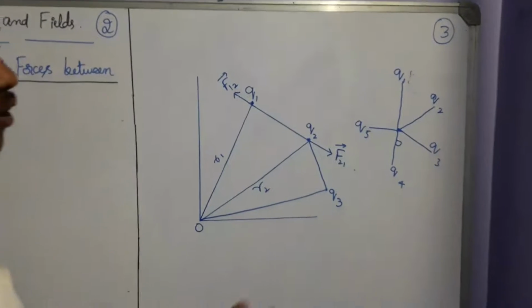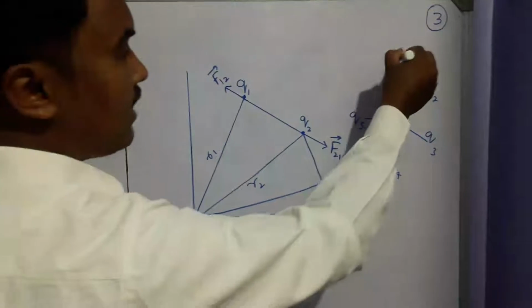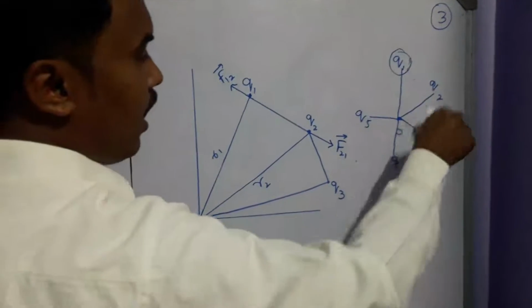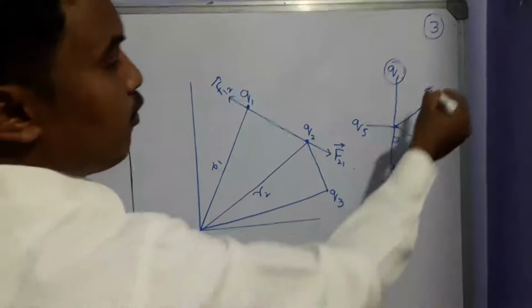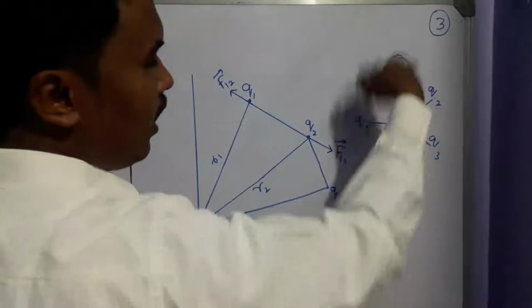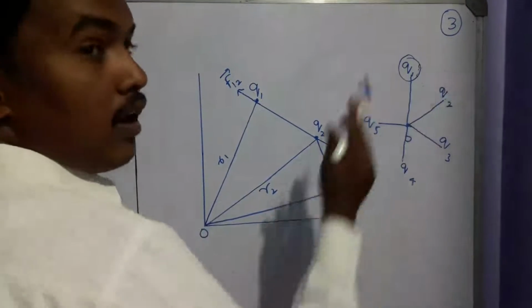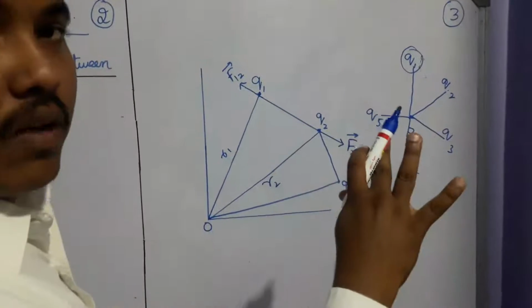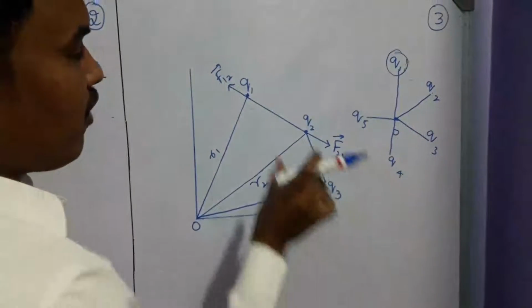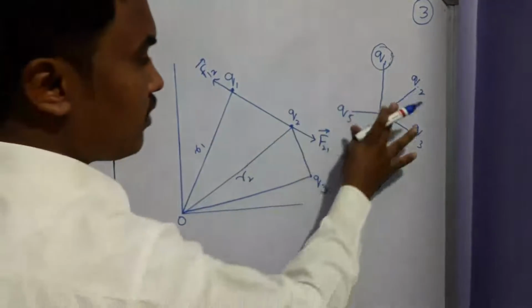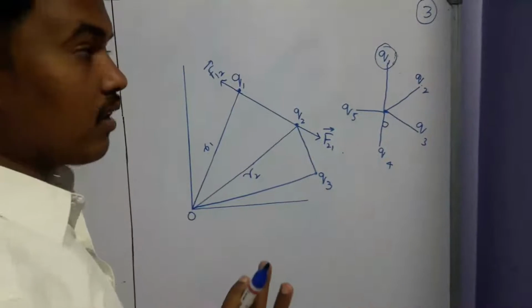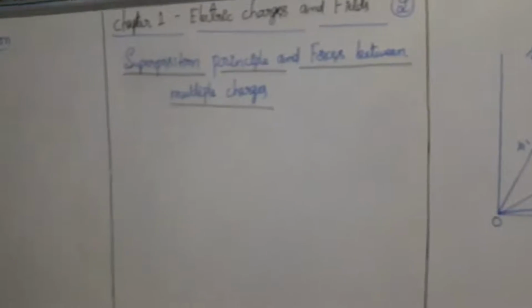Now we want to know what is the force acting on Q1 due to all other charges, or force acting on Q2 due to all other charges except Q2. How we will derive the expression? Because Coulomb's law we have derived for only two charges. Now here in a system there are n number of charges. To derive that, we will use the superposition principle.